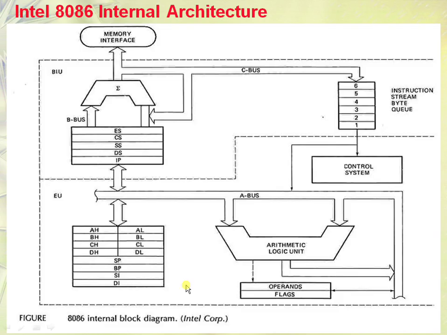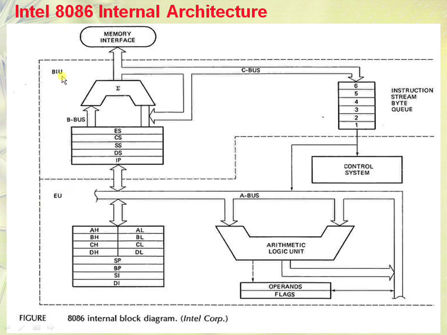Now this is the internal architecture of the 8086 processor. As you can see here, this is the area where we actually interface the external memory to the microprocessor, that is 1 MB of external memory. Apart from this, the complete architecture is divided into two parts. One part is named BIU and the other one is named EU.